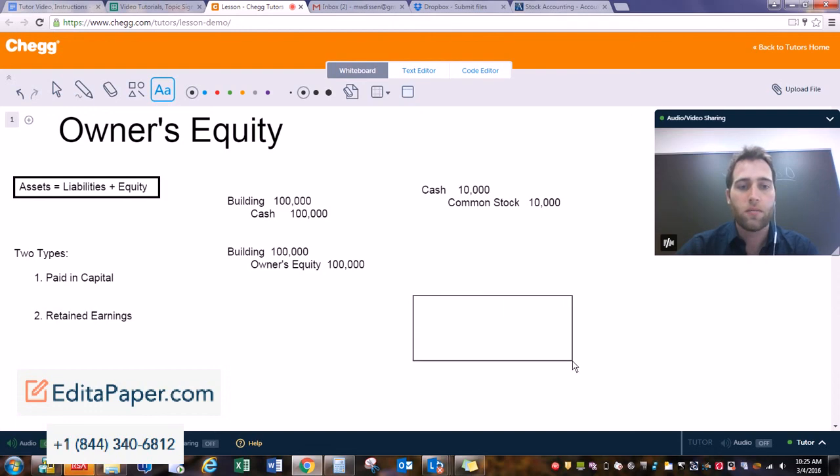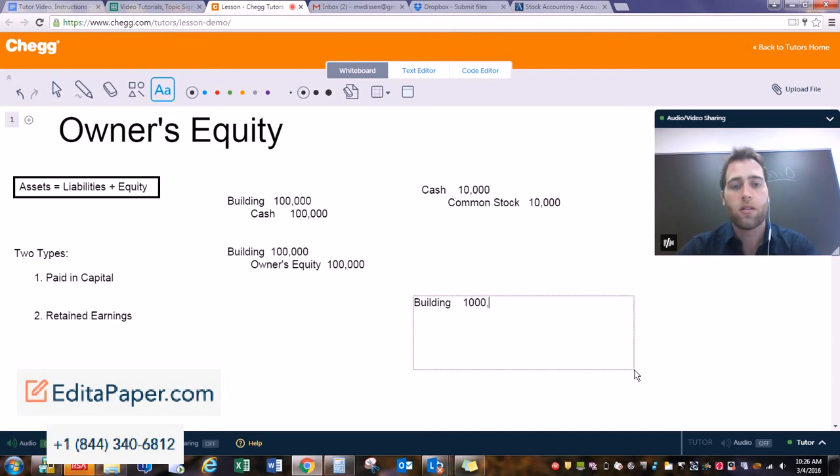So that's another example. And then we can also split it sometimes between liabilities and equity. So let's say a business needs a new building, and the owner says, okay, I'll pay for half of it with my own personal money, but I only have $50,000 to give. And the company doesn't know how it's going to get that other $50,000, so it takes out a loan. Well, they're going to take out that loan and get that building for $100,000.